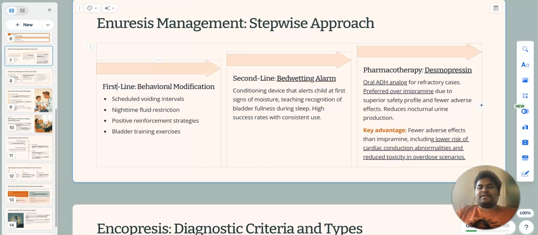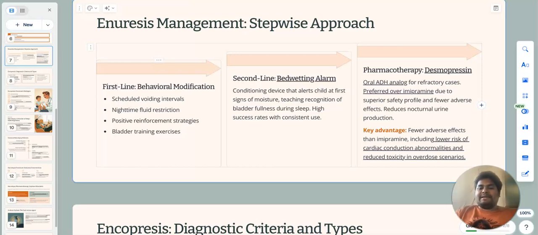If, despite the first line behavioral modification and second line bedwetting alarm, the child is not treated for enuresis, then we go with pharmacotherapy, and that's desmopressin. We use desmopressin more than imipramine. Previously we used imipramine, but we prefer desmopressin because it is an oral antidiuretic hormone analog with a low risk of cardiac conduction abnormalities.